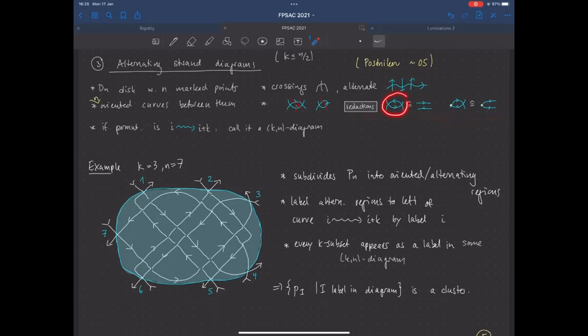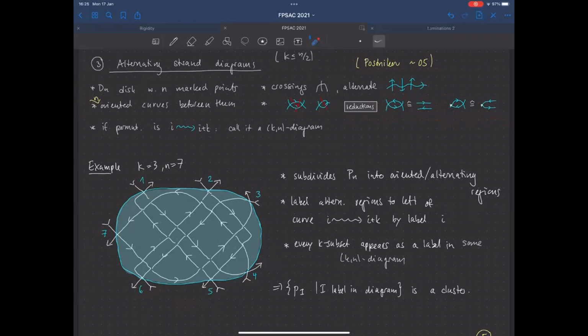If I find two strands which give a small digon, an oriented one, I can straighten them a bit to get rid of these intersections. Or if I have two strands which come from a boundary point and then cross without having things between, I can also straighten that. So that's a general setup.